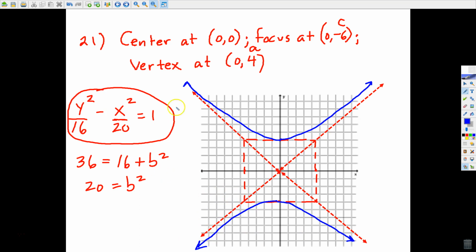Okay, and then don't forget, we need to also plot the focal points. And we're told that they are 6 units away. There's 2 of them, and both of them should be the same distance from the center, which is the origin. And there's my completed graph. Any questions so far?